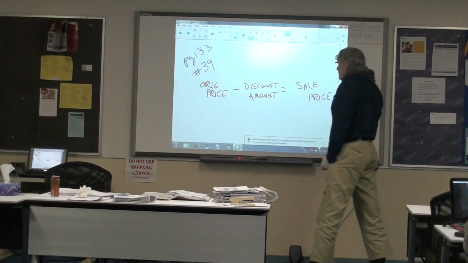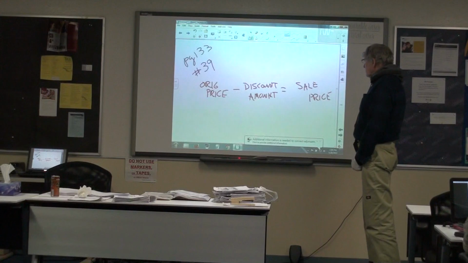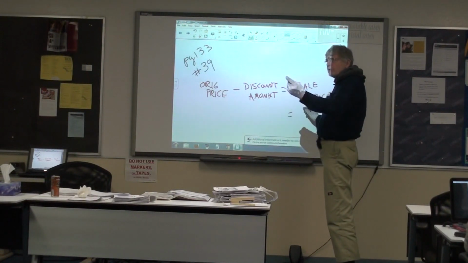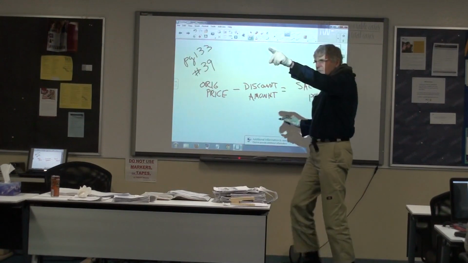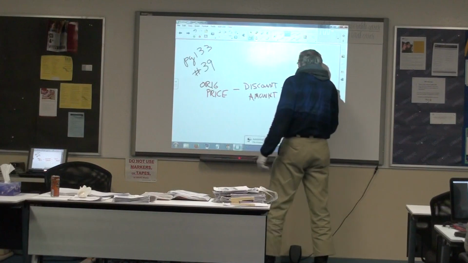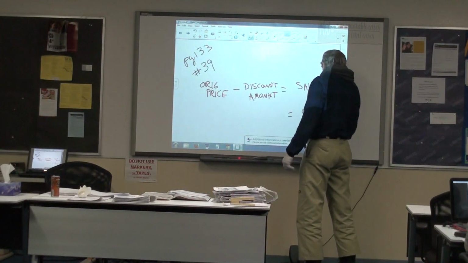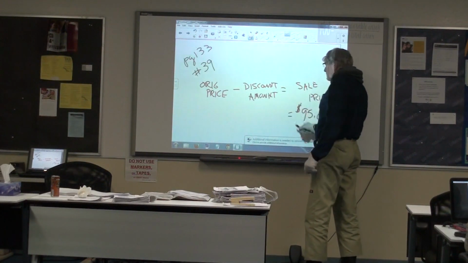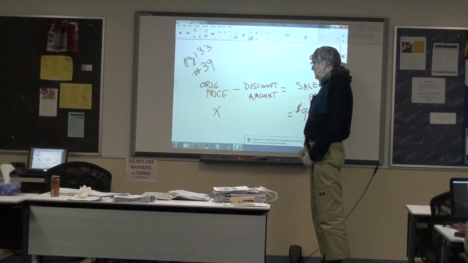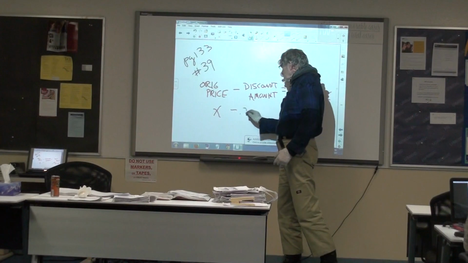So can we replace any of these words with anything? Sale price is what? 95.04. Can we replace any of the others with anything? Original price is X. And the discount is 0.28X. Go.